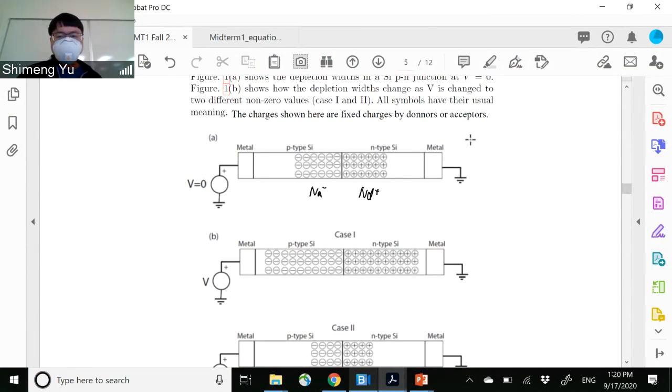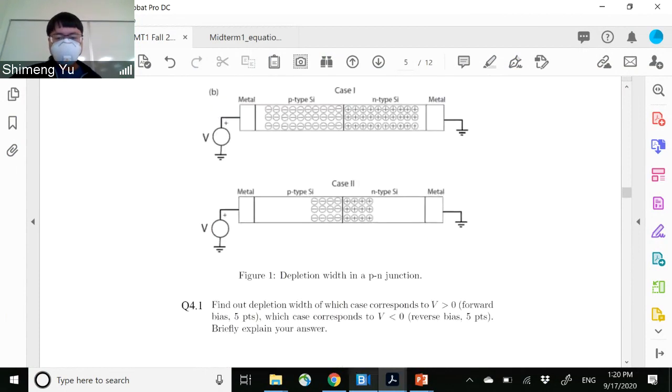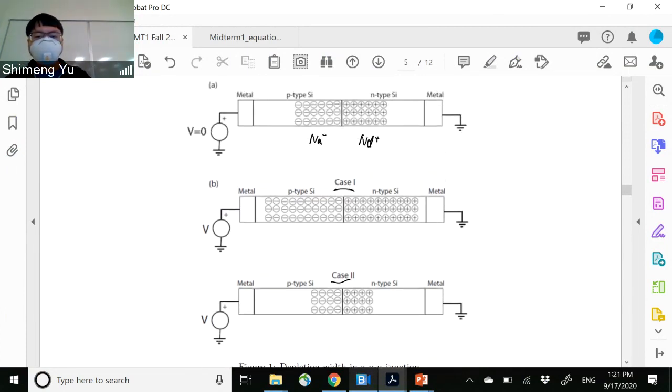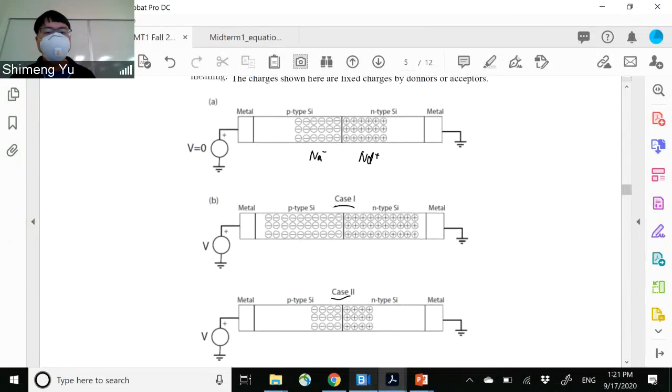So the question is, for case 1 and case 2, which one corresponds to which? Let's say voltage larger than 0 or voltage smaller than 0, or forward bias or reverse bias. So for case 1 and case 2, which one is forward bias, which one is reverse bias?